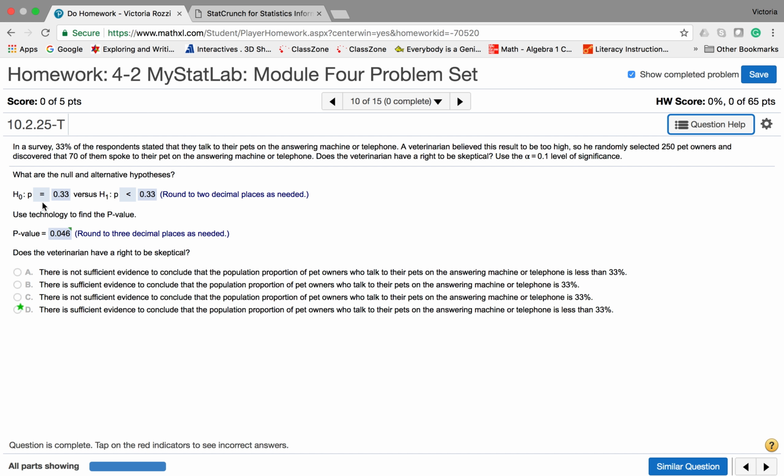Here, we always assume that the alternative hypothesis is the claim, which it is in this case, because this is what the veterinarian thought. So because I'm rejecting H naught, it means that I think that this is true. So we say that there is sufficient evidence to conclude that the population proportion of pet owners is less than 33%.